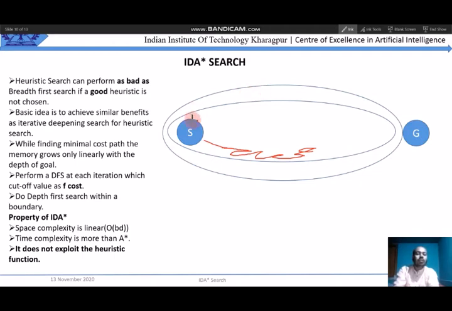So there also only DFS is done, and ultimately IDA star does not exploit the heuristic function so efficiently, because the heuristic function is used in the f value only so that the boundary can be created. It is not focused to the goal like other best first algorithms. So this is the problem of IDA star, it is more like an uninformed search.